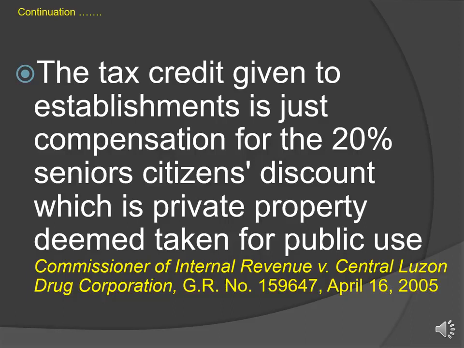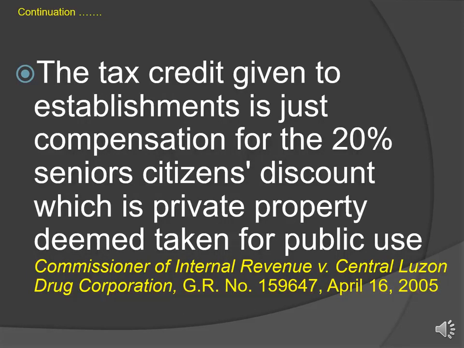A tax credit is the deduction from the tax that is due. So you have, for example, here, visualize the computation. Gross income less deductions equals income subject to tax, multiplied by the tax rate, and then you have the income tax that's due. From the income tax that's due, that's where you deduct the tax credit.